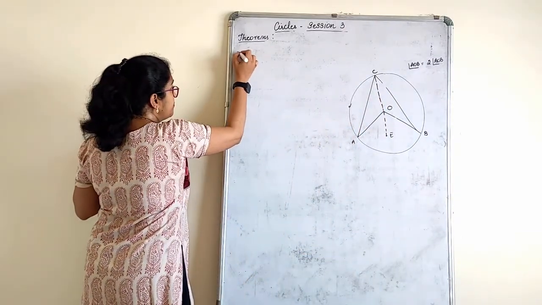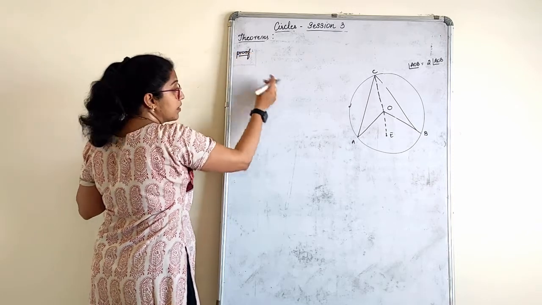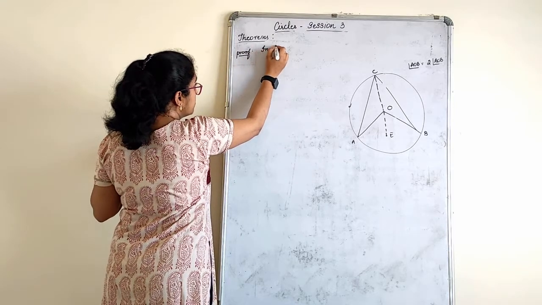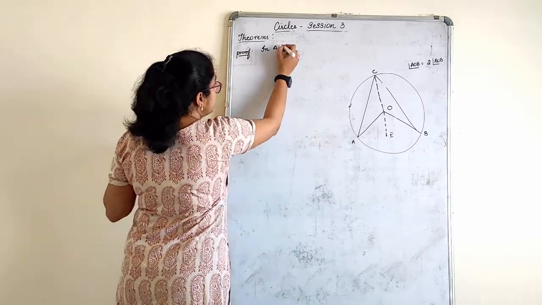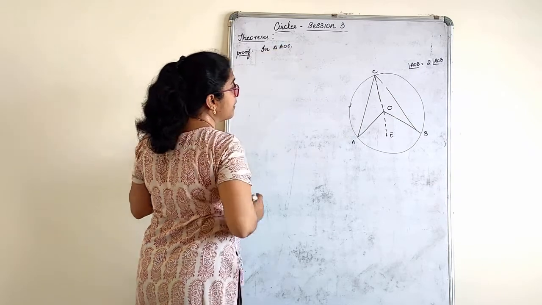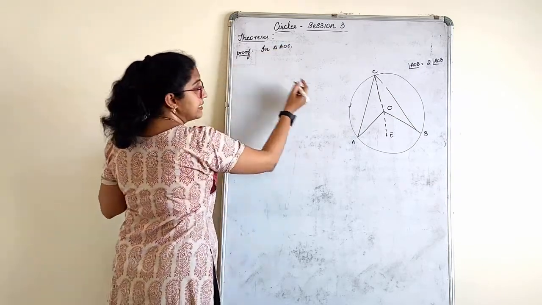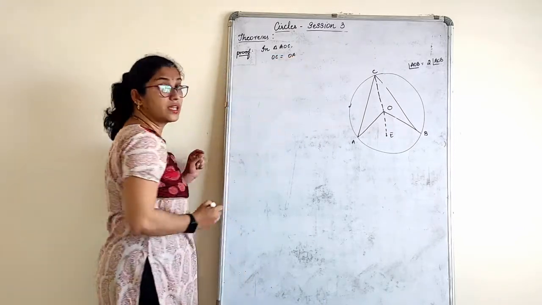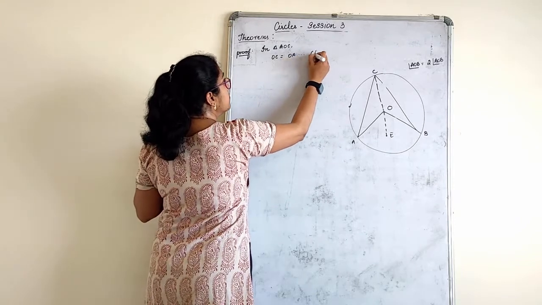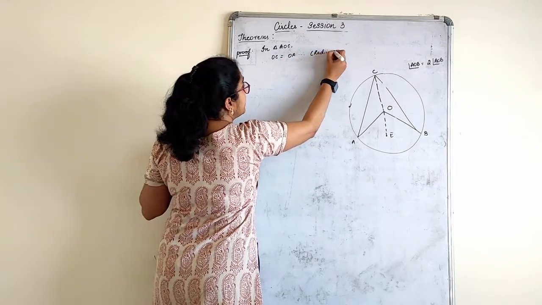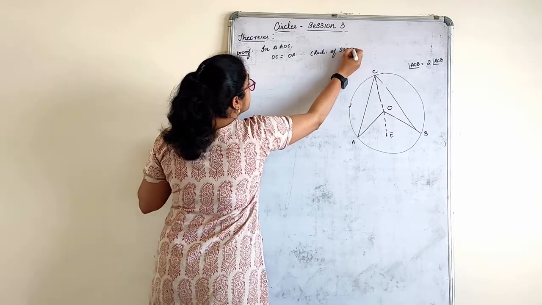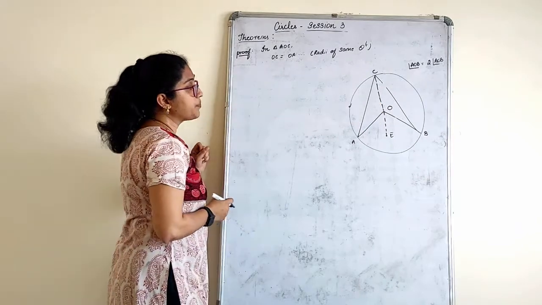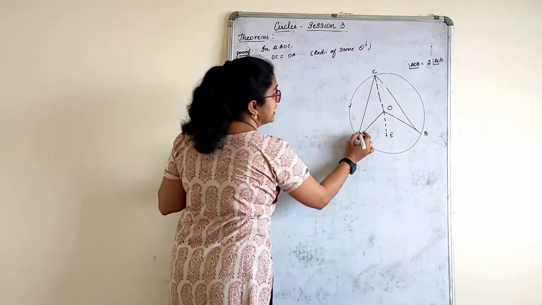Okay, proof. Let me consider the first triangle. In triangle AOC, can I tell OC is equal to OA? Why? Because radii of same circle. If it is OC, which angle will come?